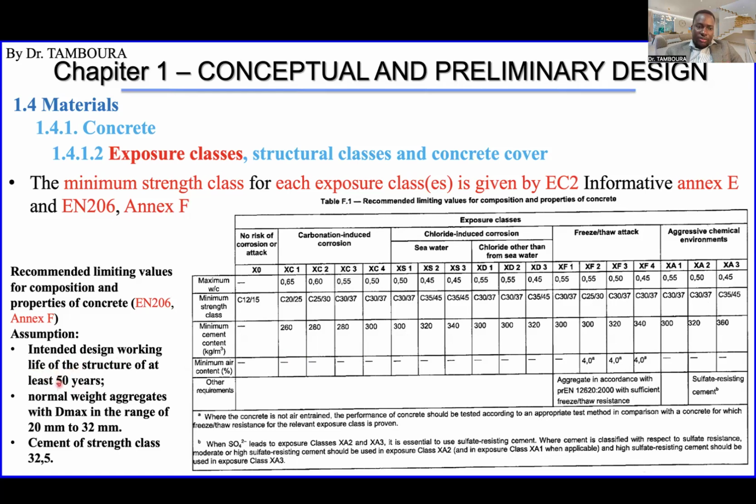Design working life, 50 years, and the normal weight of aggregate with Dmax, the maximum diameter of the aggregate, in the range of 20 to 30 millimeters, and the cement of the strength class 32.5. Okay, this is also another story because there are different categories of cement.